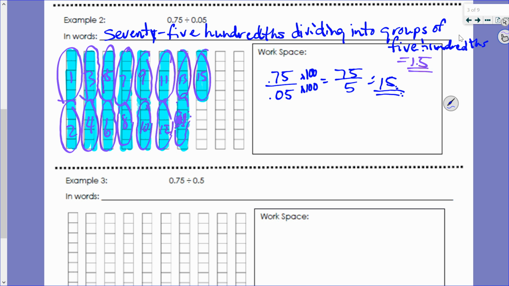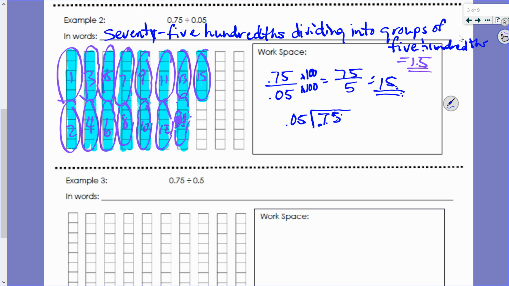How do I write this as the old school division problem? I do 75 hundredths. Remember the winner goes in the house? So my winner goes in the house. Sometimes easier said than done. My loser is on the outside. So what happened when I multiplied by 100?